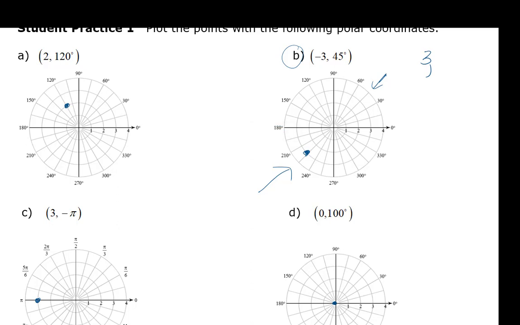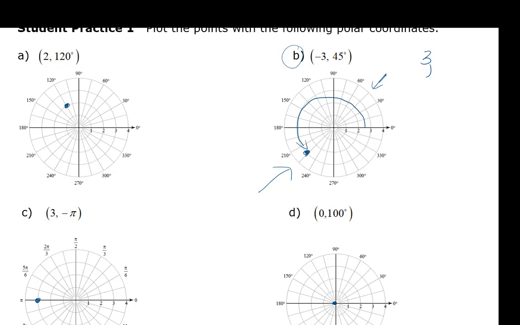Now you could think of what would be a different angle, right? What would be an angle that would get us there? And so we can see the angle that that makes with the initial side here, right? Remember, a positive r falls on the terminal side of the angle.